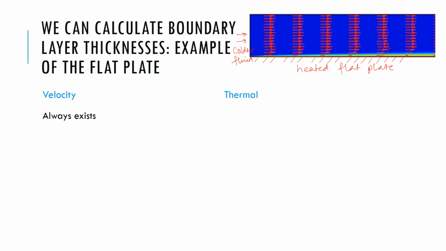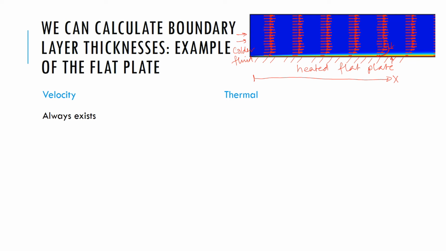So we define the thickness of the layer to be where it has reached 99% of the maximum velocity. That thickness is what we call the velocity boundary layer thickness at that location, measured from the upstream.